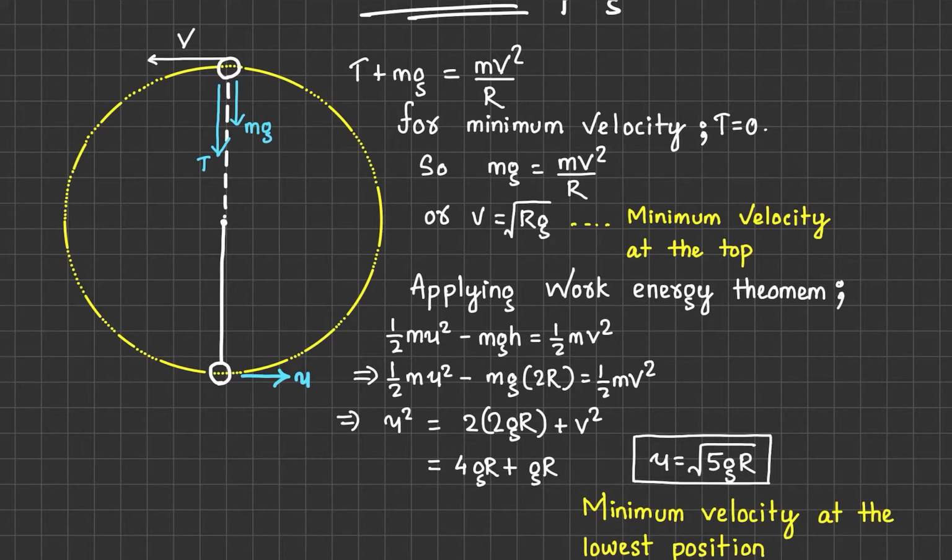We should pay attention that as the object is moving, its velocity continuously decreases, and so does the tension. Practically we might have felt that if we tie a ball with a string and rotate it in a vertical circle, our hand gets more stretched, like more force is applied, when the ball is at the lowest point.